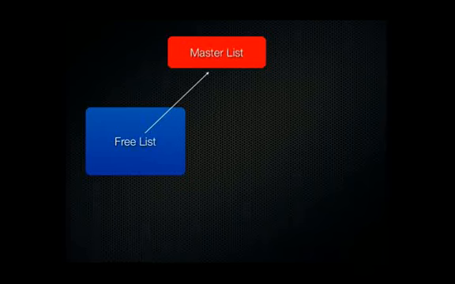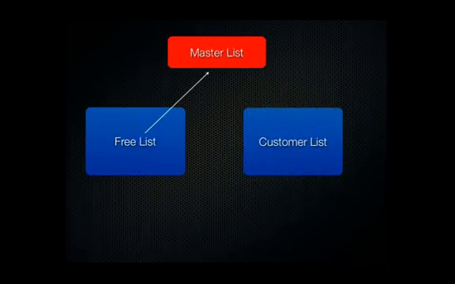Now let's continue on and take it a step further. In addition to a mailing list for all the different freebies that you have, I strongly suggest that you also have a third mailing list for a customer list. These are your people that have purchased, that you know have bought from you.